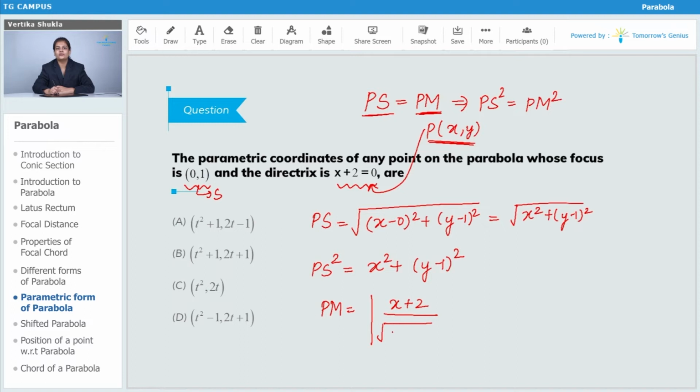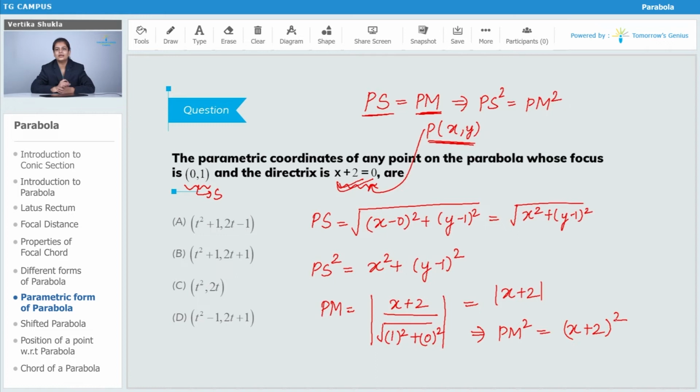The coefficient of x is 1, so it becomes 1 square plus the coefficient of y, which is 0, so 0 square. This modulus will be equal to (x + 2) by 1, which is modulus of x + 2 only. So if the distance PM is modulus of x + 2, PM square will be equal to (x + 2) whole square.